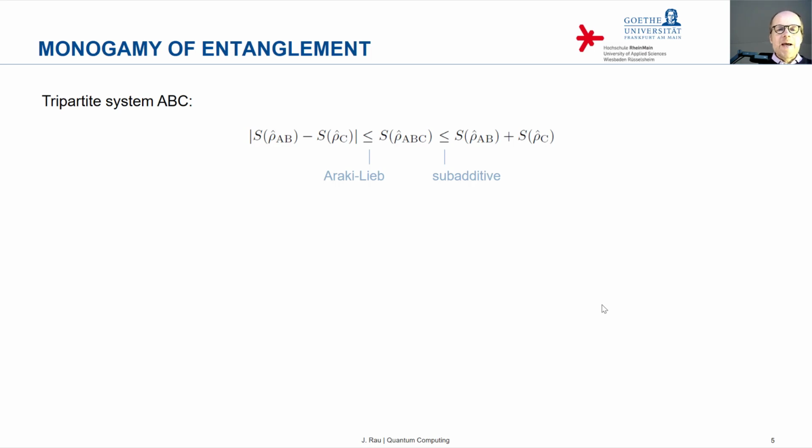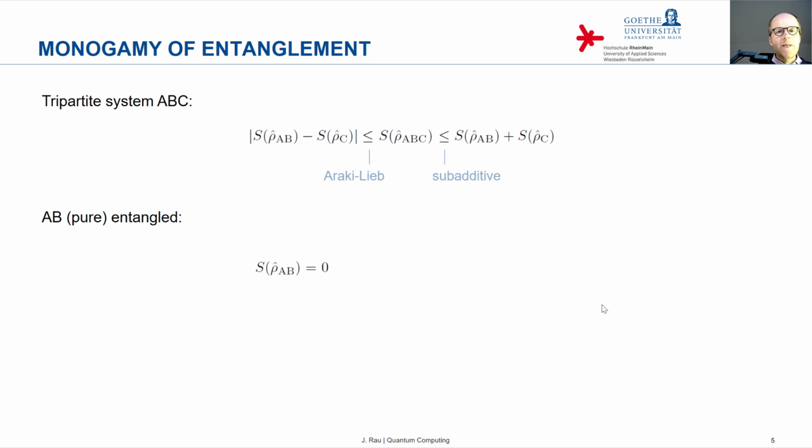And then imagine the special situation where the two systems A and B are entangled. So A and B are in a pure entangled state. This means that the entropy associated with A and B vanishes.